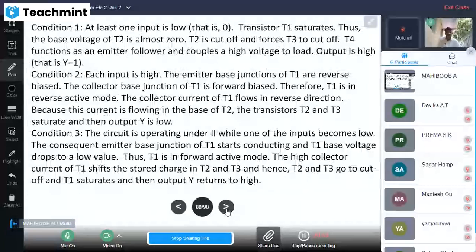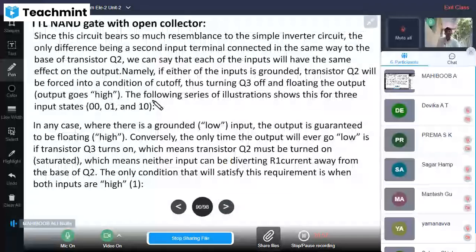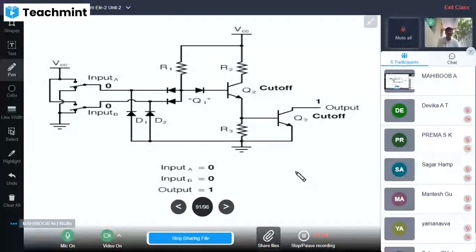Similarly, one more connection is there for the same NAND gate, called open collector. In this circuit, the collector is not connected, so it is open. Under this condition, for different combinations, when inputs are 0, 0, the output transistor is cut off.